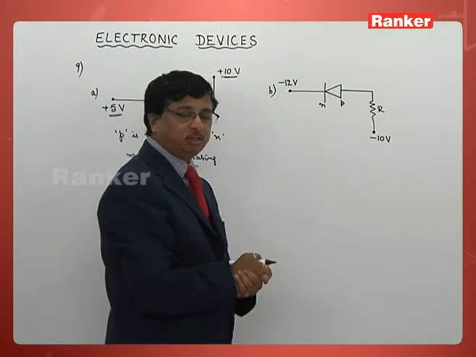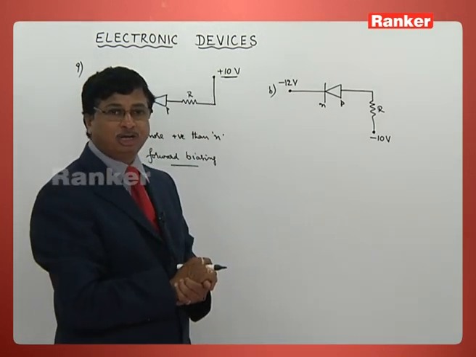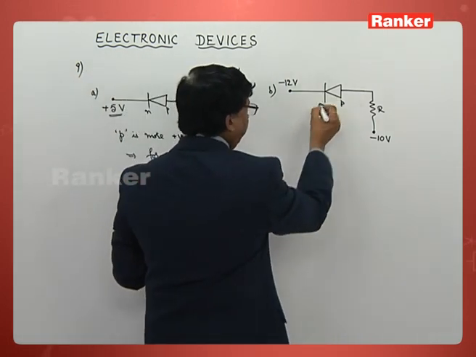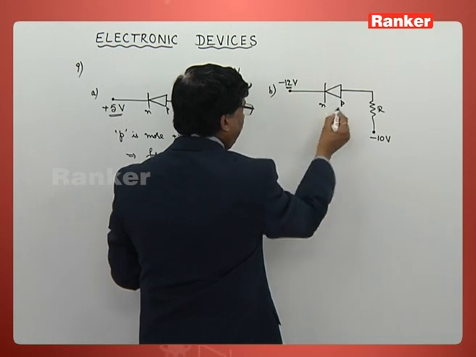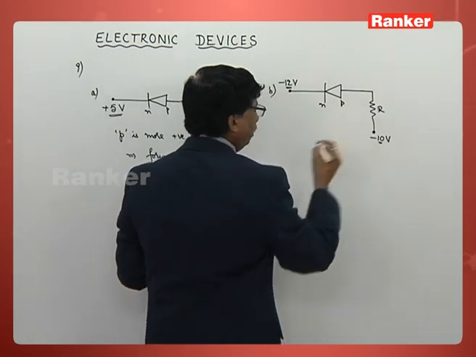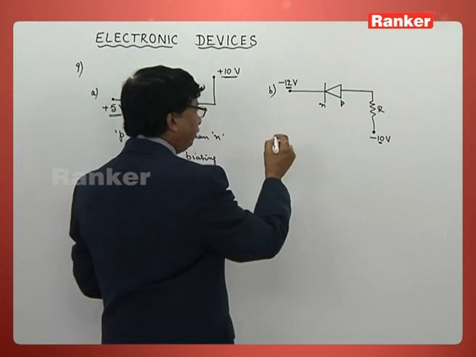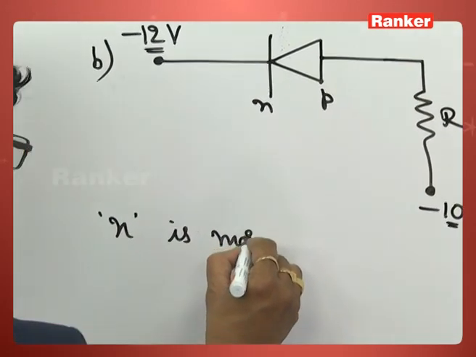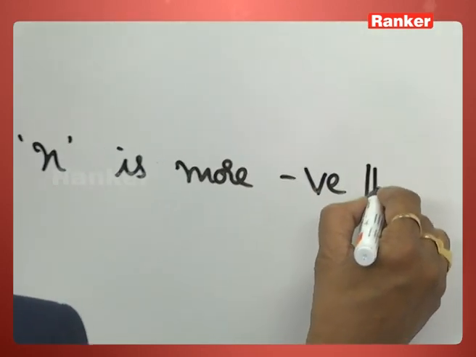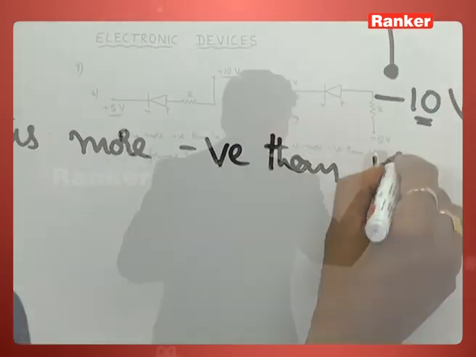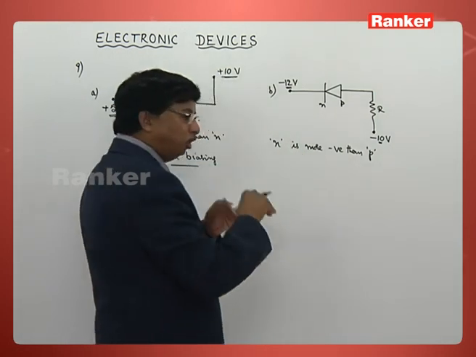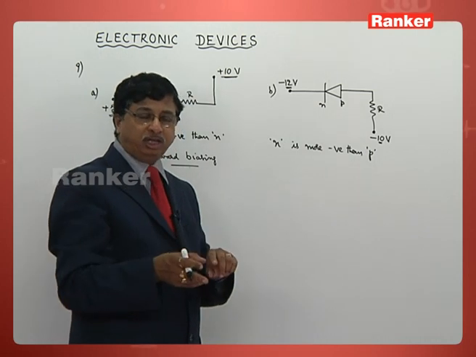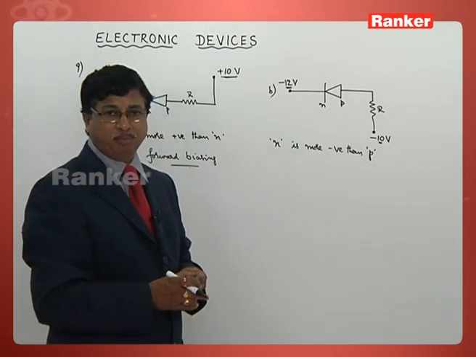Look at this one, whether this is in reverse biasing or not, we have to decide. By looking to this one, N is at minus 12 volt and P is at minus 10 volt. So you can understand now N is more negative than P. Either P is more positive than N or N is more negative than P, both are one and the same in one way.